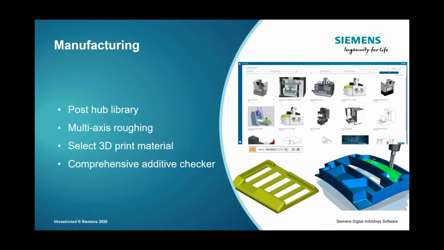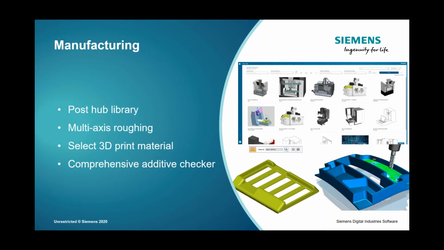We also continue to push both additive and subtractive manufacturing forward. And you can see that with that new Post Hub library. If you're in manufacturing, that's probably what you're the most excited about. You also got to see the state-of-the-art multi-axis roughing.